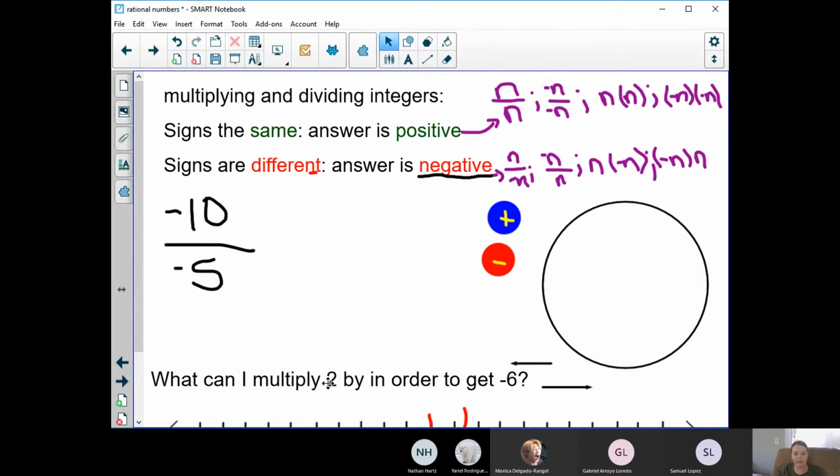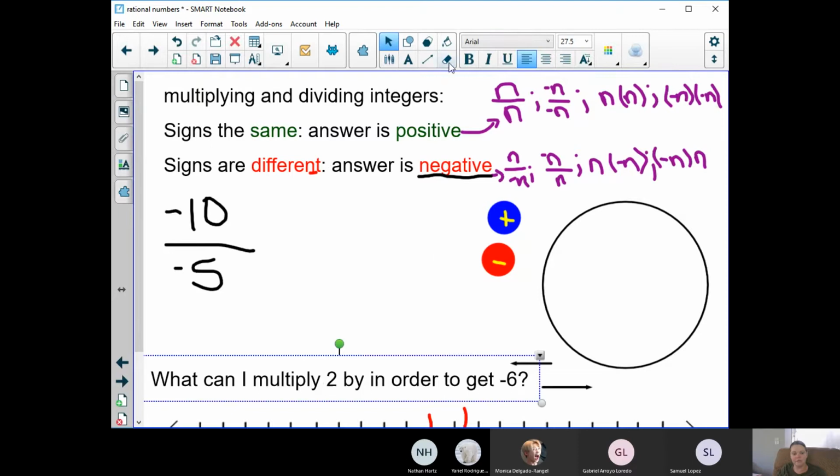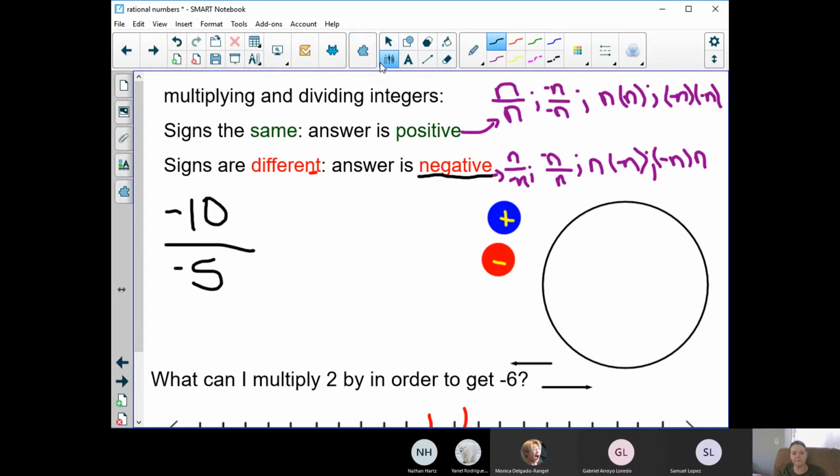How would you rewrite this as multiplication? So -5 times some number equals -10.